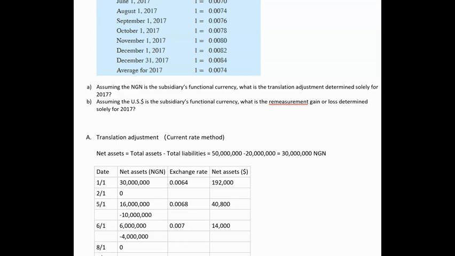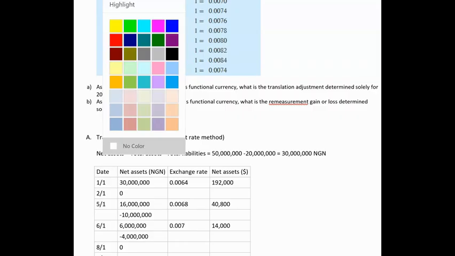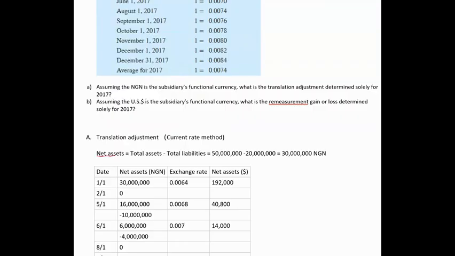A net asset here equals total assets minus total liabilities, which means that any transactions that involve any assets or liabilities will be exposed to the foreign exchange rate risk.